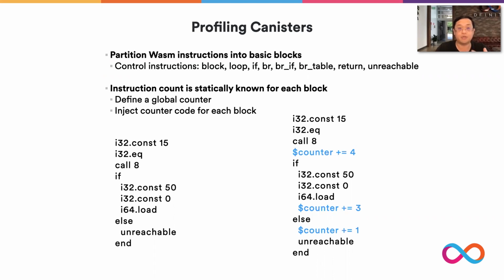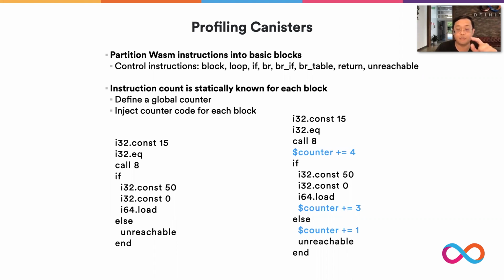We partition the WebAssembly instructions into basic blocks, and the cost for each basic block is statically known. For example, for the code on the left, we can partition it into 3 different basic blocks: the one before the if statement, then the then branch, and then the else branch.